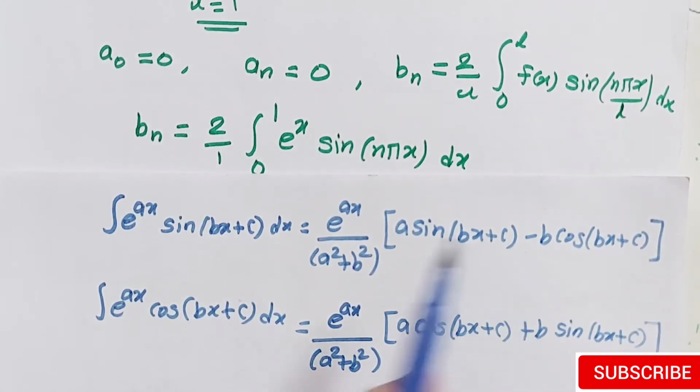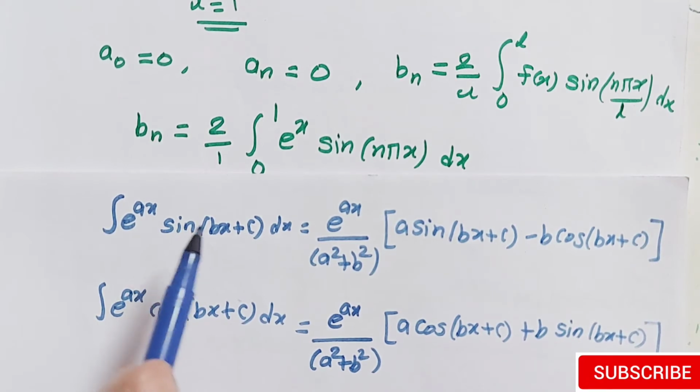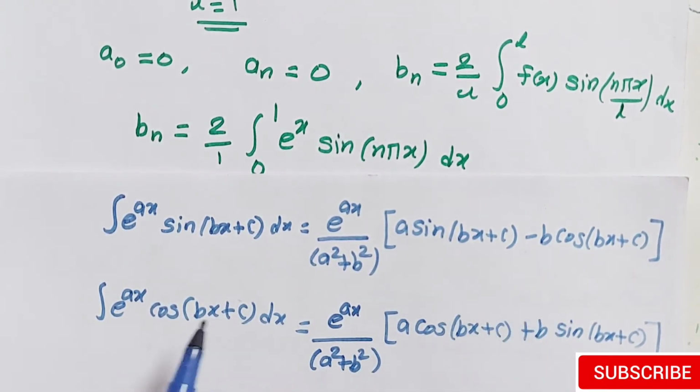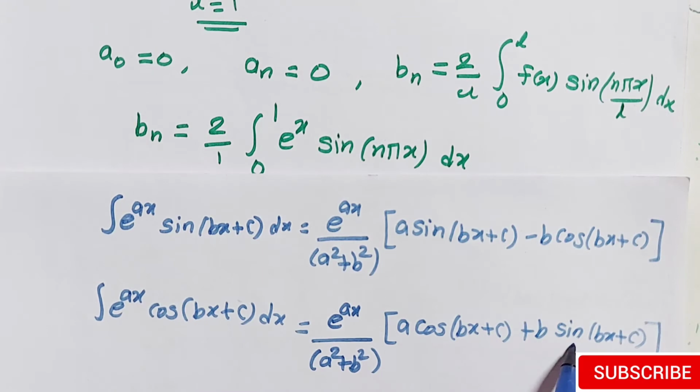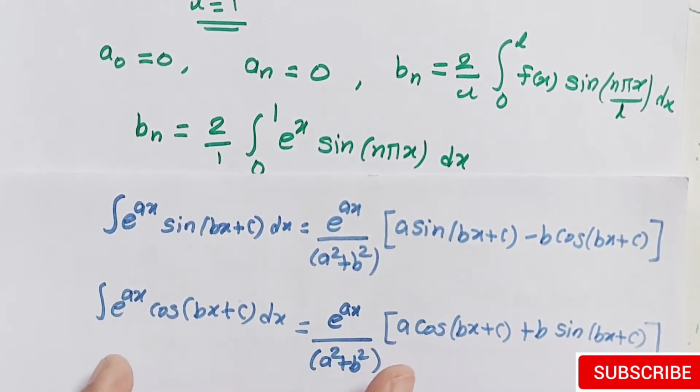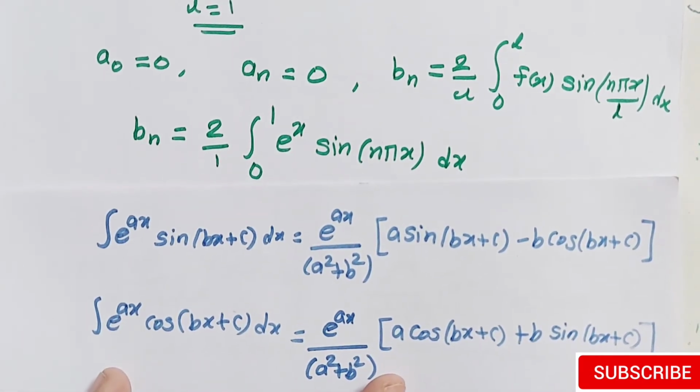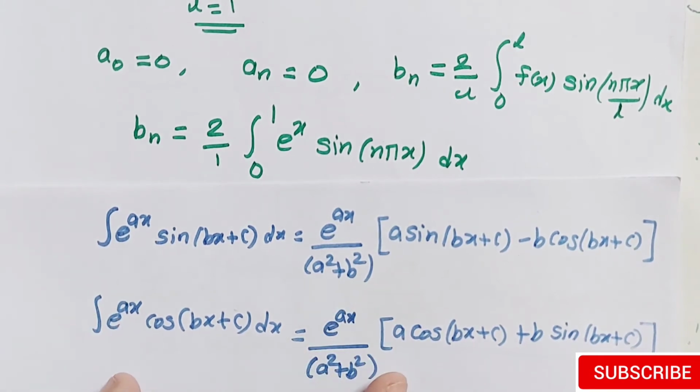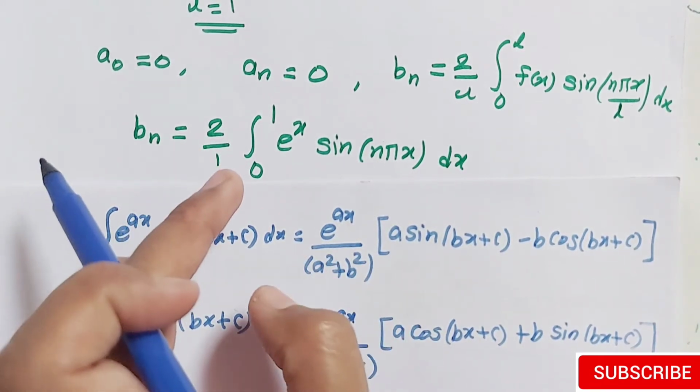Here we get the minus sign because integration of sine is minus cos and integration of cos is plus sine. So these are the two important formulae. As per the question we have to use this formula, so you must know this formula so that we can solve this integration.